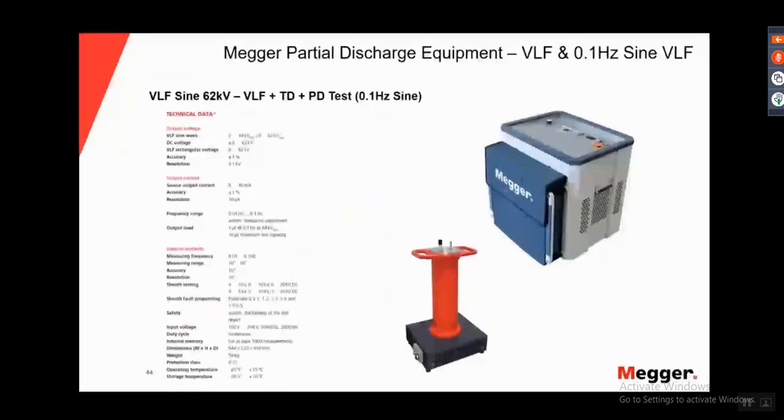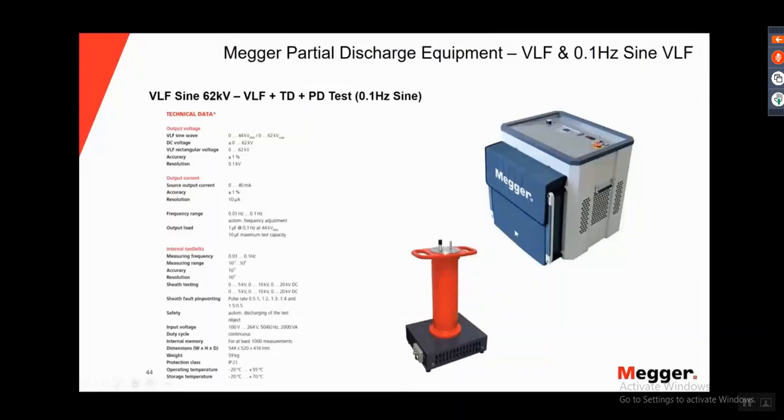And the last unit we have is our VLF Sinus 62. This is a sinus VLF, has an internal tan delta, and we can also use the PDS 62 to do the partial discharge test.